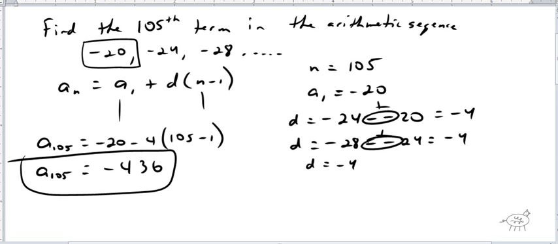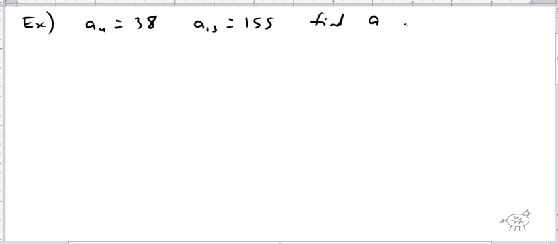Let's do a couple more examples. This is a little tricky. So I'm going to tell you guys a sub 4 is 38. A sub 13 is 155. I'm going to say find a sub 22.